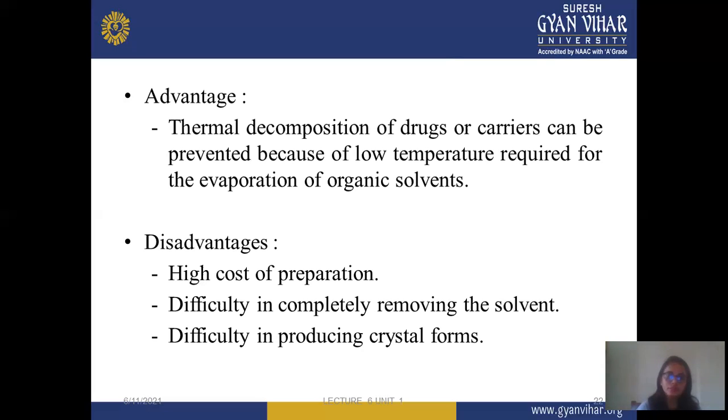When you remove the solvent by evaporation, you cannot be sure it is removed completely or is in a dry form, so a small amount of moisture or solvent may be present. You cannot be 100% sure that all the solvent is removed by this method. And there is difficulty producing crystal forms. There may be chances it forms an amorphous or improper crystal form, not a proper, good crystal form.